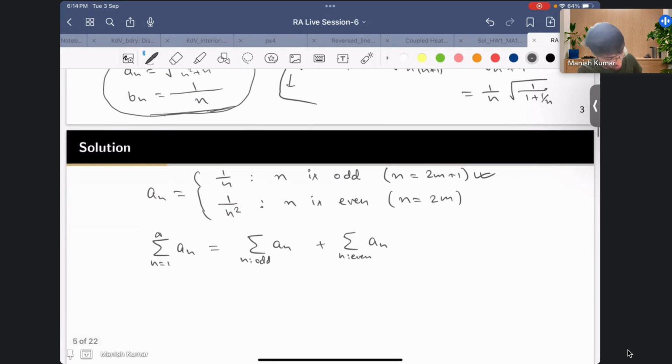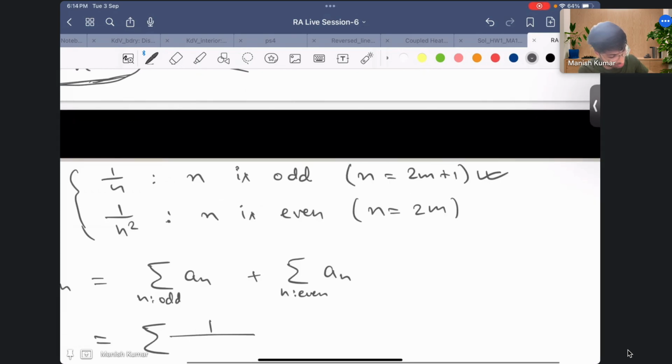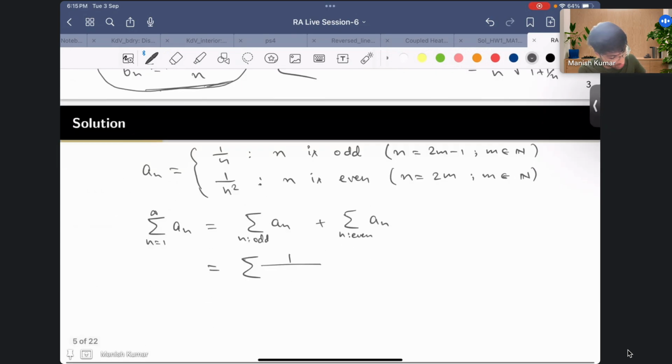In other words, what you will write is 1 by 2m minus 1, where m belongs to natural numbers, n belongs to natural numbers. So this can be written as 2m minus 1, where m is from 1 to infinity, plus 1 by 2m, where m is from 1 to infinity, sorry, 2m square.